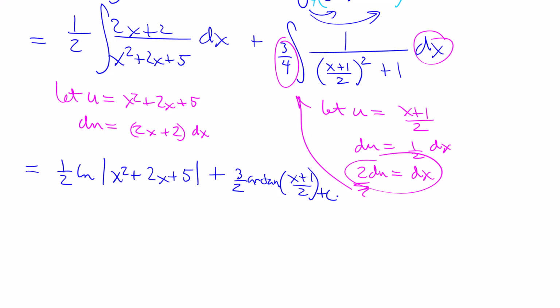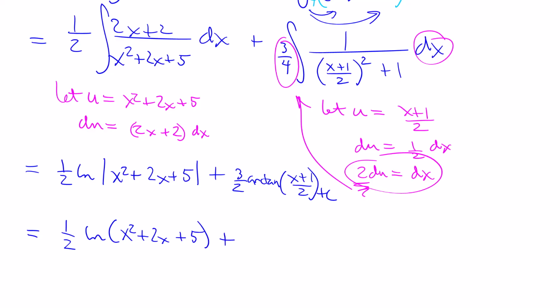Okay, let me rewrite this one more time for a couple of reasons. Number one, it's kind of crammed in there, but secondly, I'm going to rewrite this more cleanly as 1/2 times the natural log of, we don't need the absolute values anymore because what's inside them is guaranteed positive. X squared plus 2x plus 5, guaranteed positive. So we can just write this as the natural log of, in parentheses, x squared plus 2x plus 5, close parentheses.